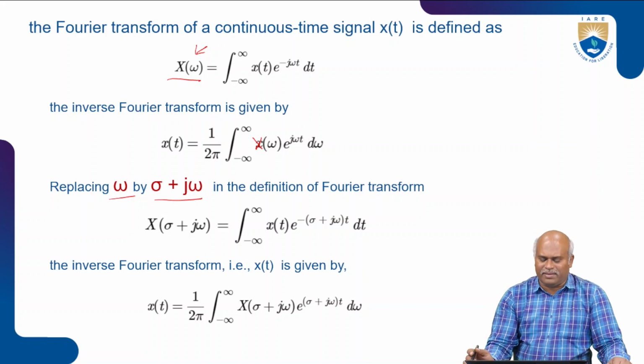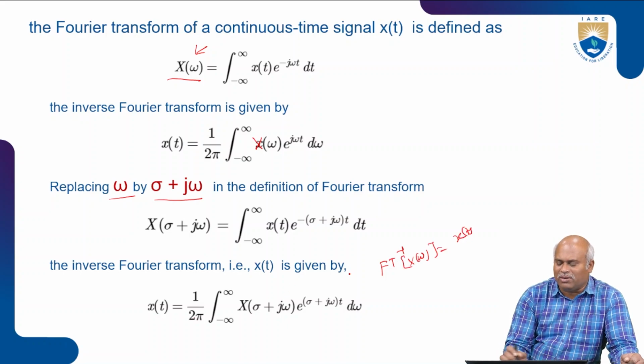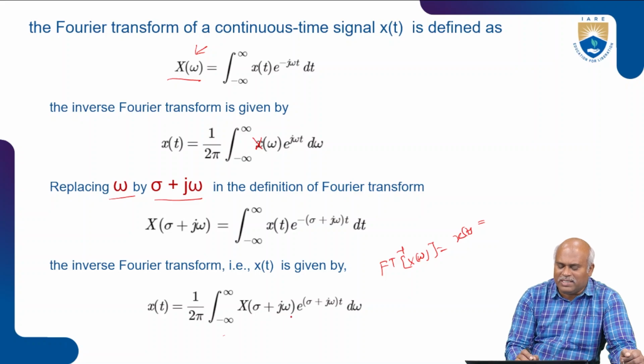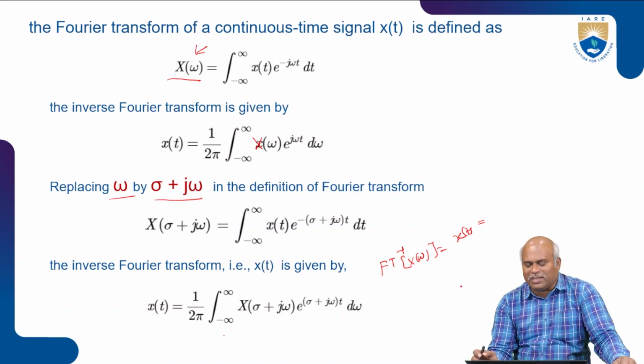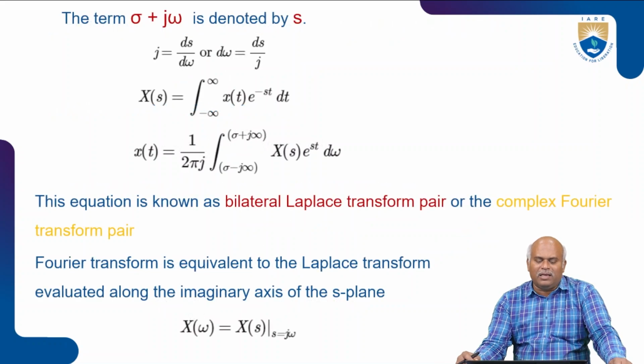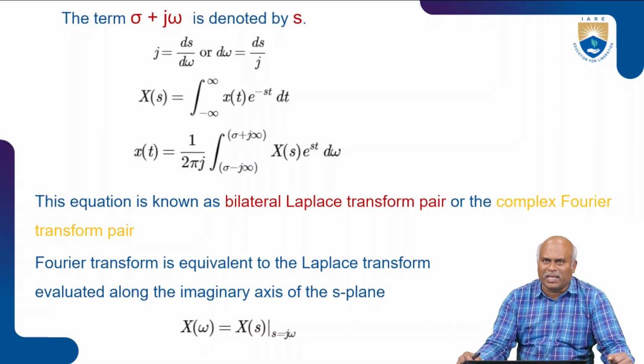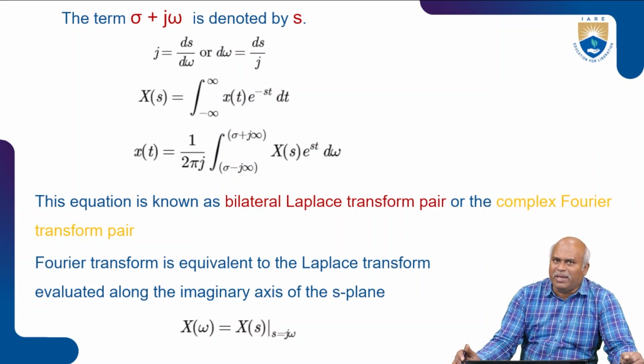The inverse Fourier transform of X(omega) is x(t). This x(t) is equal to 1 by 2 pi, integration from minus infinity to plus infinity of X(sigma plus j omega) e^((sigma plus j omega)t) d omega. Then sigma plus j omega is denoted by the s domain.